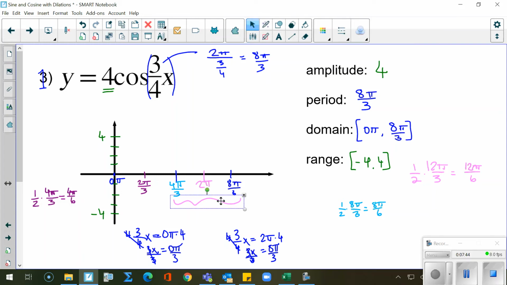So now let me get that out of the way for our graph. We have our 5 critical points labeled. We're going to draw our cosine. We have to pay attention that we're graphing cosine and not sine. Cosine starts at a maximum, then to the horizontal, then to a minimum, horizontal, maximum.